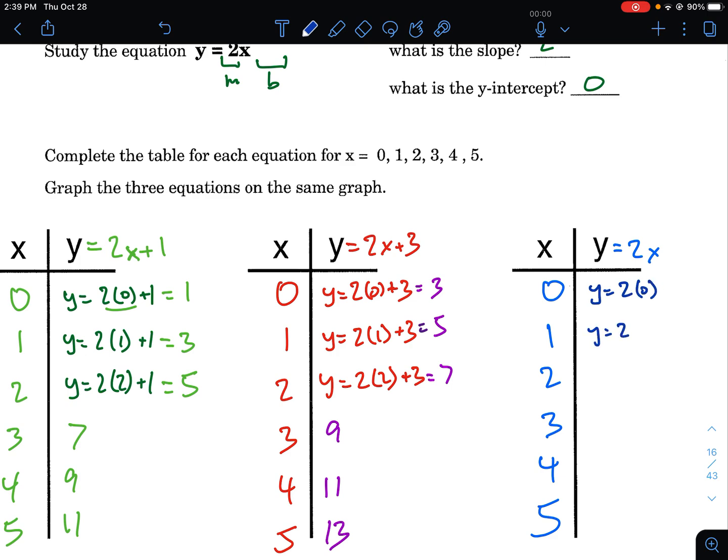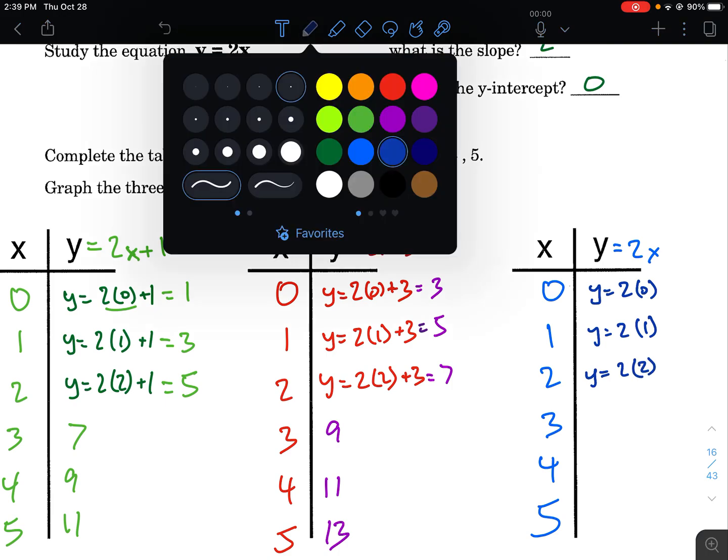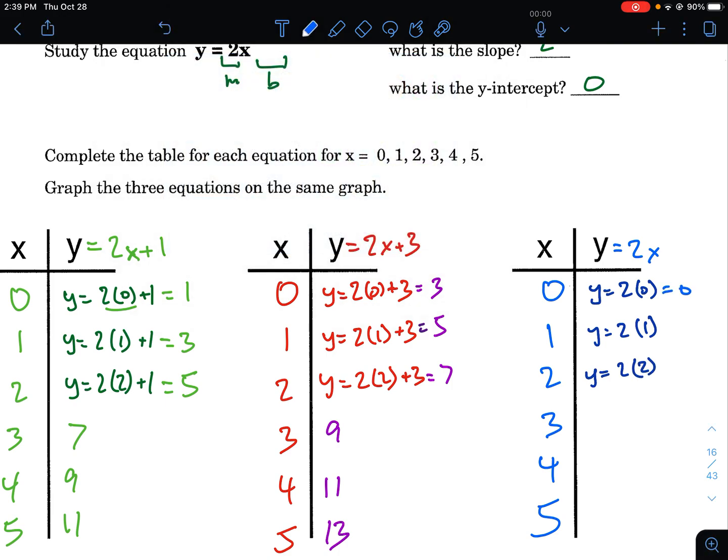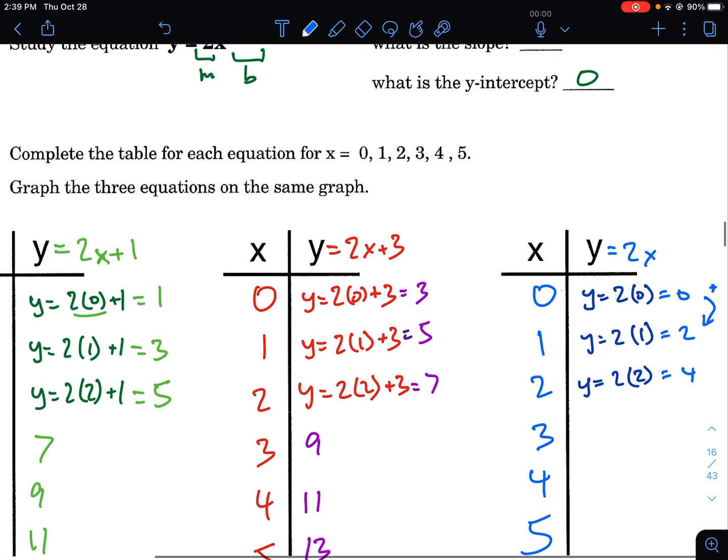Y equals 2 times 1. Y equals 2 times 2. What does that all equal? That's 0. That's 2. That's 4. The pattern seems to be that it is increasing by 2 each time. So the next number should be 6, then 8, then 10.